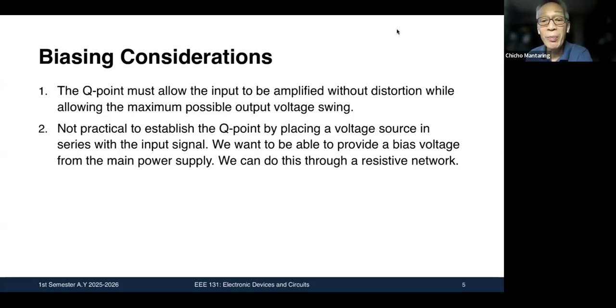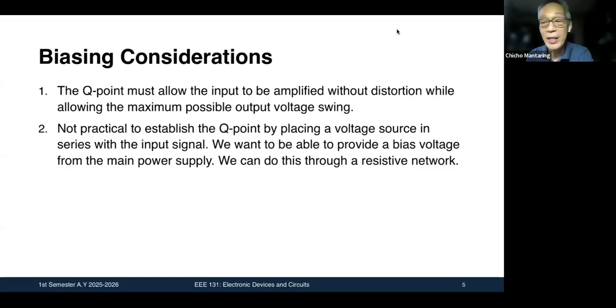We want to be able to provide the bias from the main power supply. So usually your circuit will have a main power supply, and you want to be able to derive the bias from your main power supply. And we always do this through a resistive network.